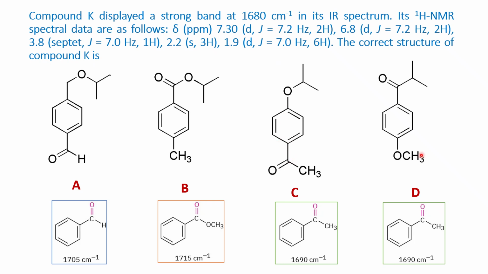So the most possible compounds are C and D, which have a keto group in their structure. So among the four, two of the molecules are ruled out because the IR value does not match an aldehyde, nor does it match an ester. So the possible molecule should be C and D. Now using NMR data, we will try to find out which among the two is the correct answer.